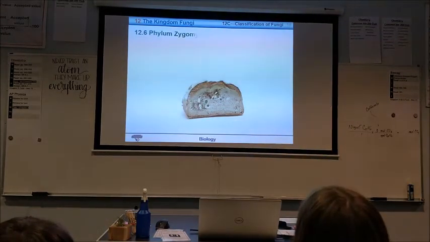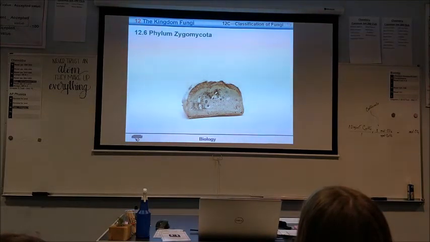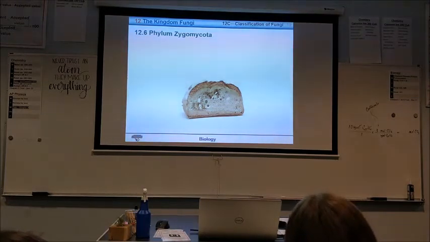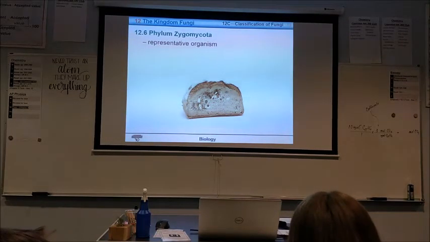Now, the first one we're going to talk about is Zygomycota. This is the one that you've probably all seen. If you've ever seen mold on bread, you've seen an example of one. Our representative organism, that's typically how we study these. We look at a phylum, and then we find one of them that represents it well, that we're probably most familiar with.